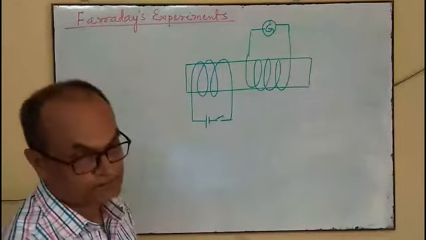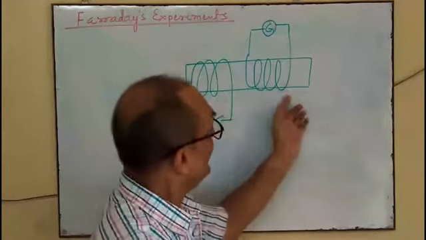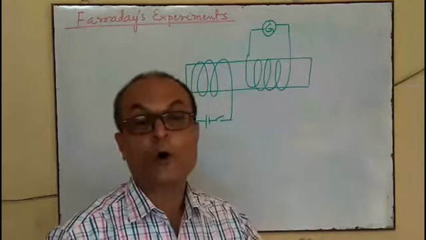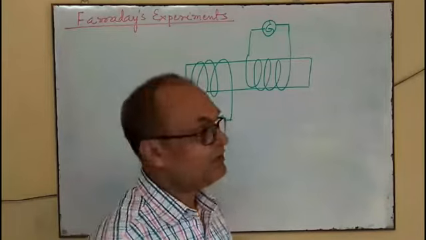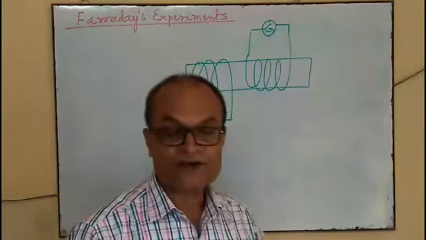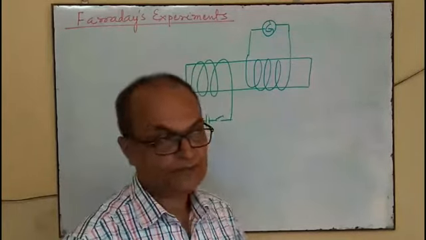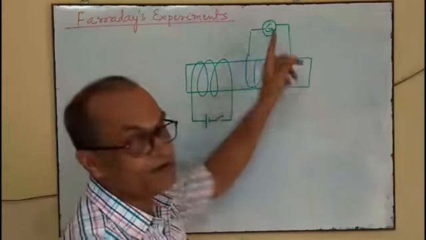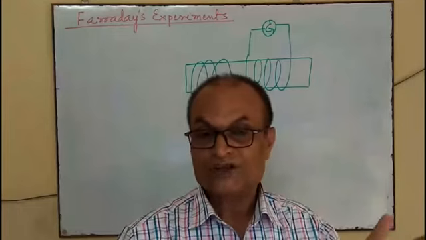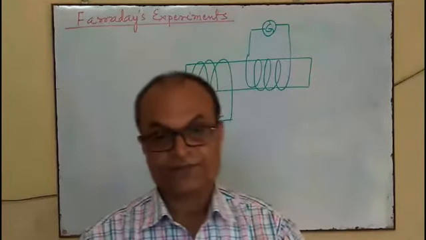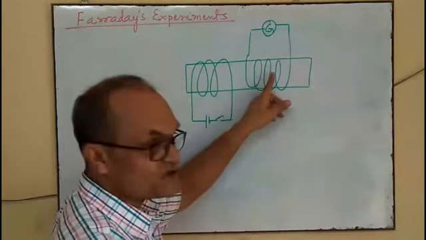When we switch on, we will see there is a deflection as we make the switch on, and when it is continuously on, we will find there is no deflection in the galvanometer. When we switch off, there is again a deflection. During switching on or off, there is a change of magnetic flux passing through this coil.